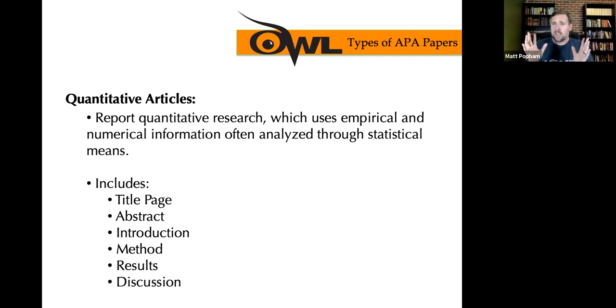And if the paper that you're writing in APA is not one of those styles, you want to go and talk to your professor and see exactly what they want. So quantitative research is just like it says, it measures empirical data. If you're doing a case study on how many people like chocolate versus vanilla versus strawberry ice cream, you're going to go and talk to those people.